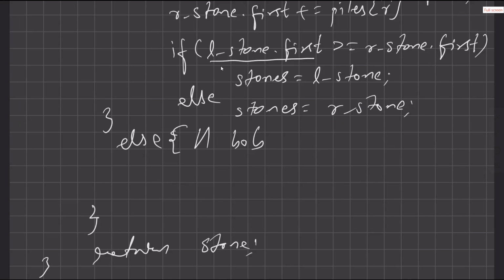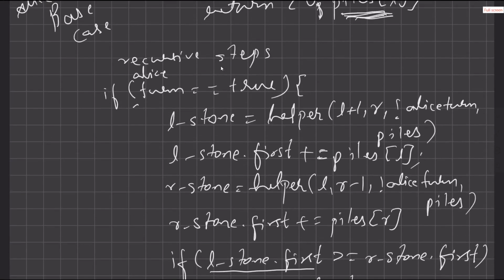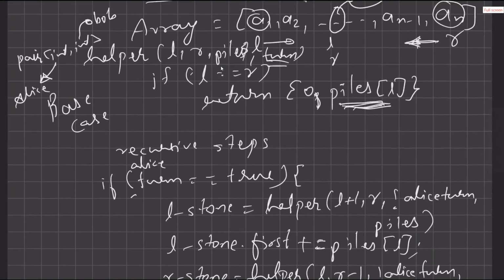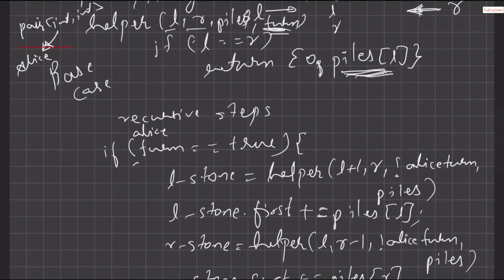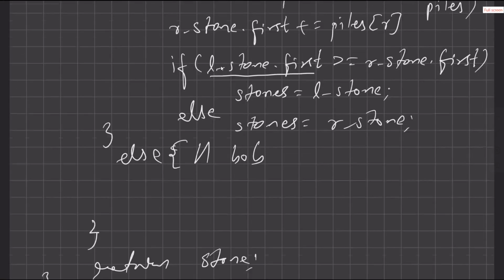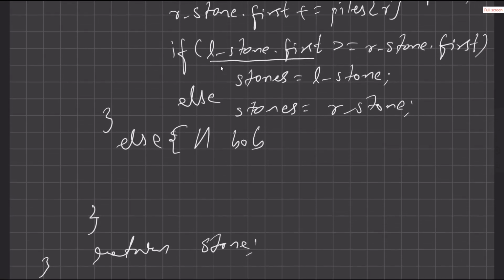And for the DP case, we'll be choosing the states. Here the changing variables are left, right, both indices, and then this turn, which will be either true or false. So we'll maintain three states in DP and we'll solve it. So let's go to VS Code. Not VS Code, we'll go to Leetcode and let's solve it.